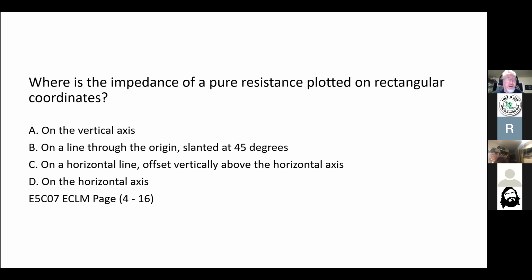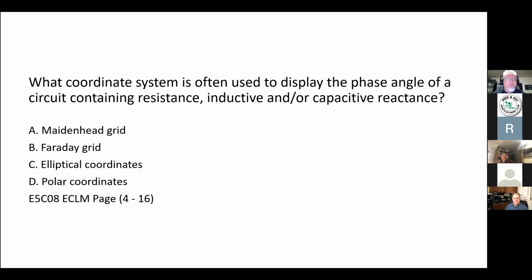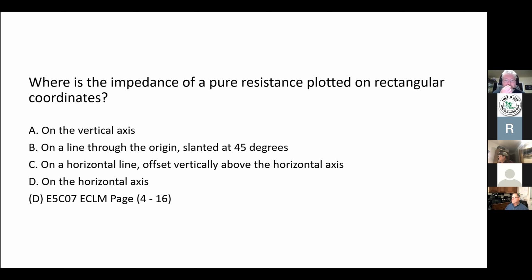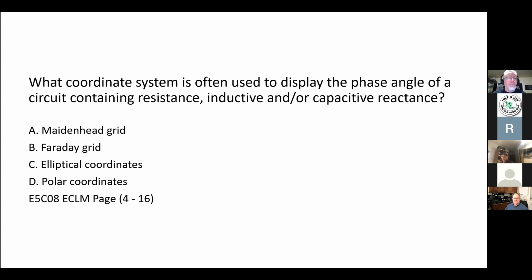Or D, on the horizontal axis. Delta, on the horizontal axis, is correct. When you see the rectangular coordinates chart graph, it'll make it very plain. That's the one in the center that goes horizontal.